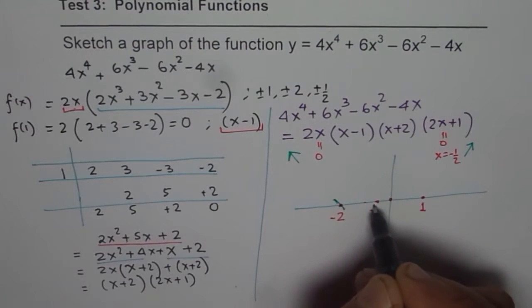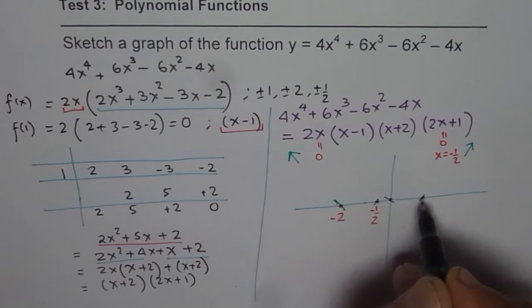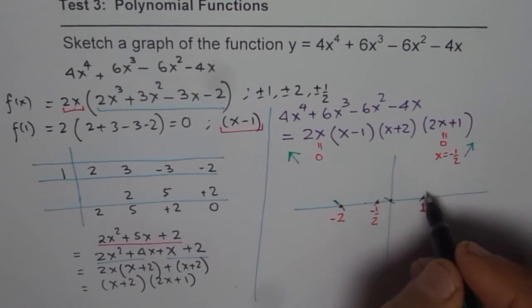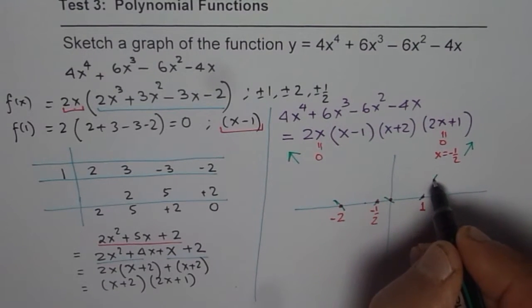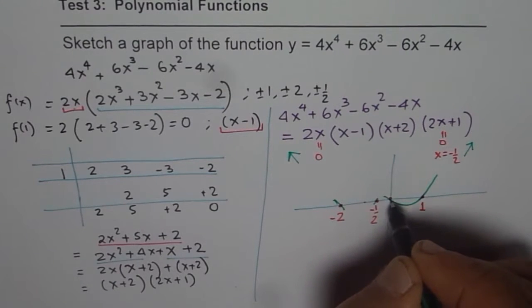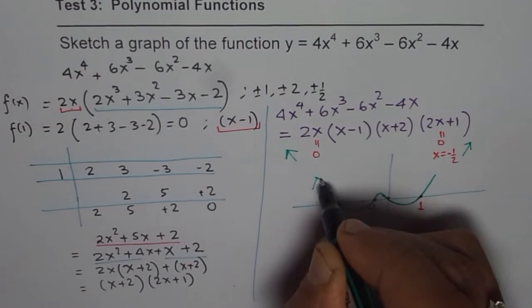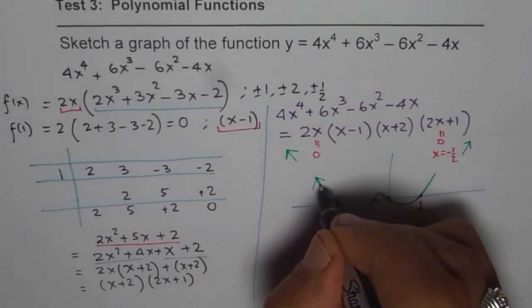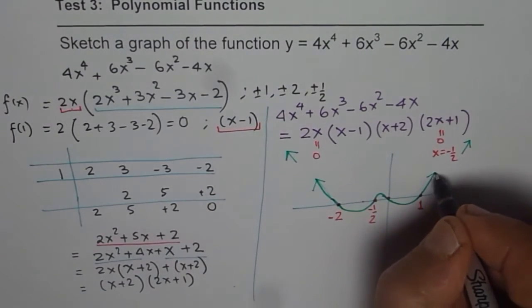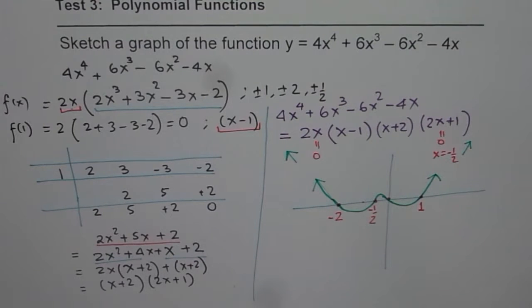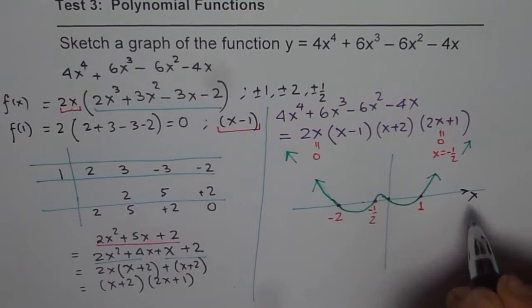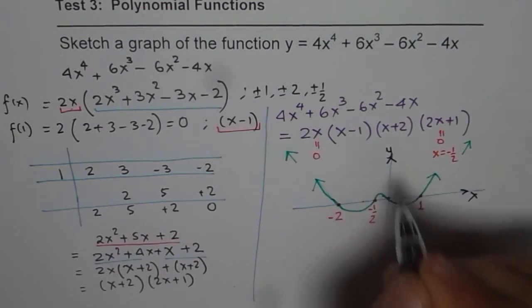It will cross here, cross there, come down, and then this. So that is how the graph is going to be. We can join them with a smooth curve like this. Do you see that? And that gives you the function. So that is how you can sketch the given function.